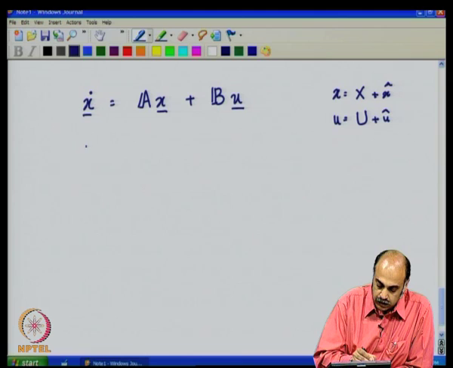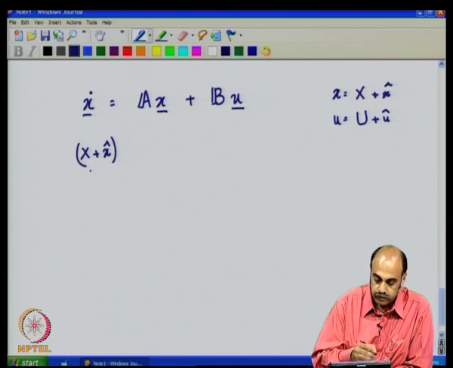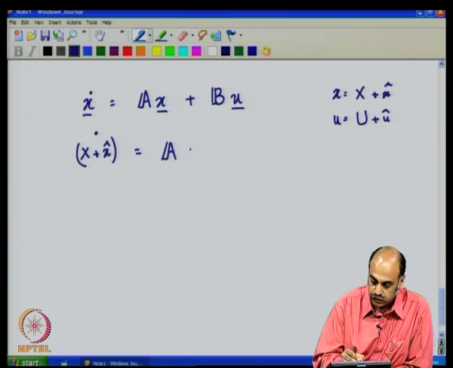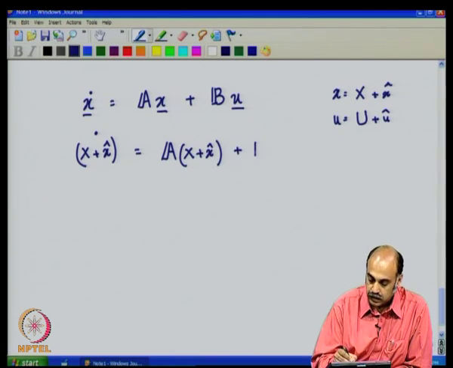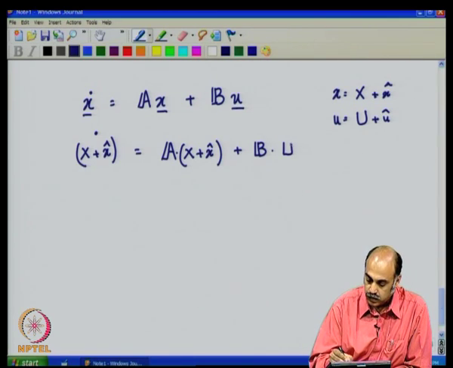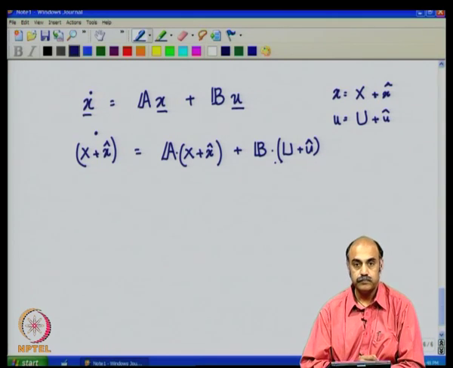So, we will replace them with their split parts: x dot equals A into the state plus B matrix into the input variable.